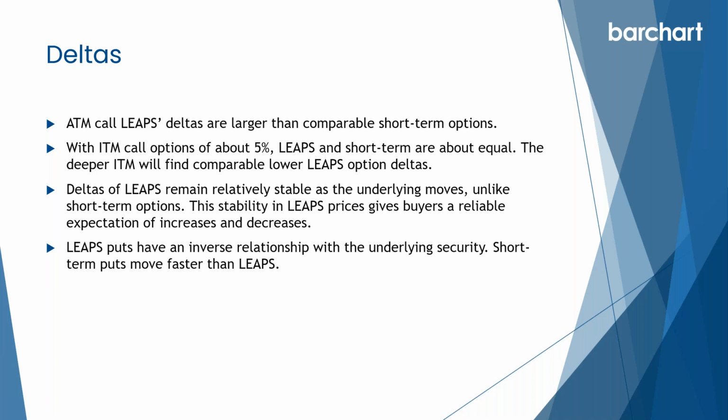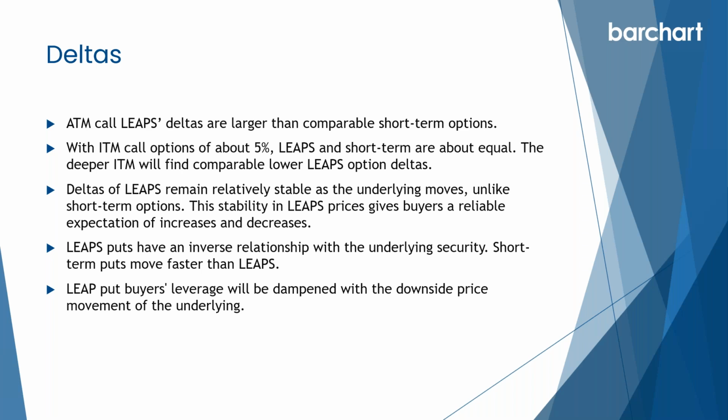Now, short-term puts will move a lot faster than LEAPS, given the stability that we see in LEAPS. But for LEAP put buyers, the leverage that you get from buying an option will be dampened with downside price action of the underlying. So what do I mean by this?